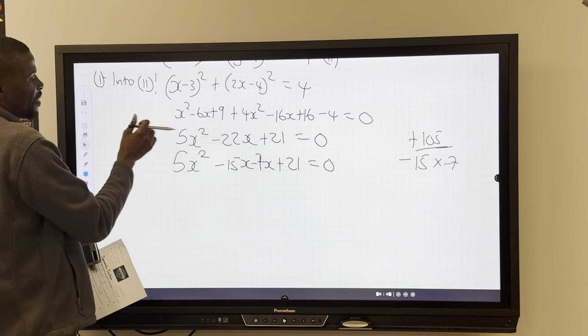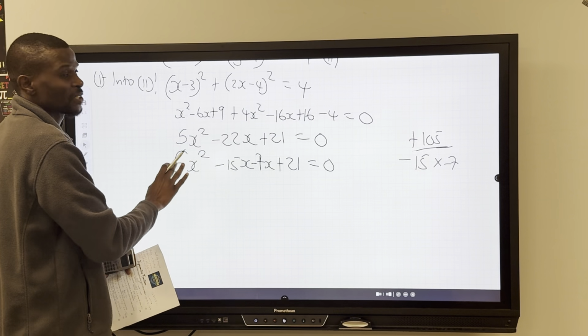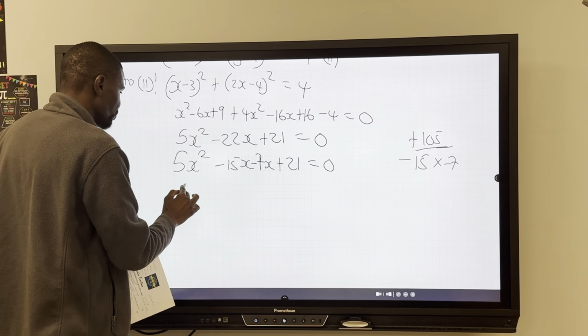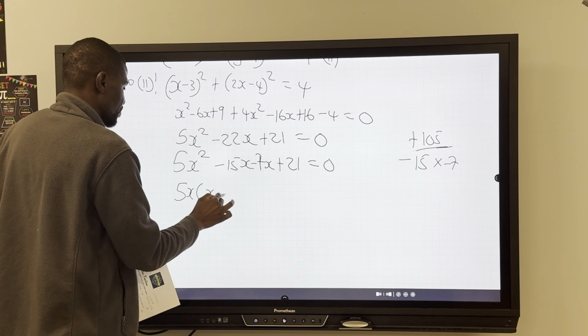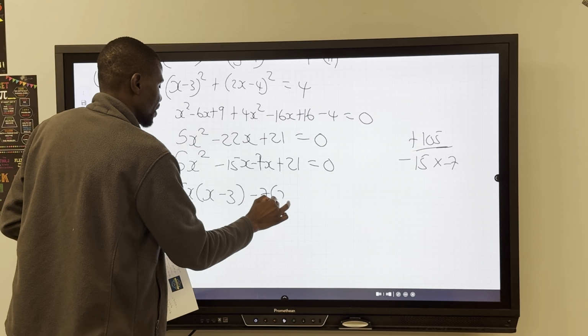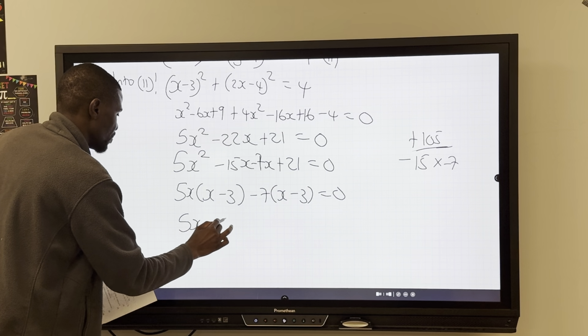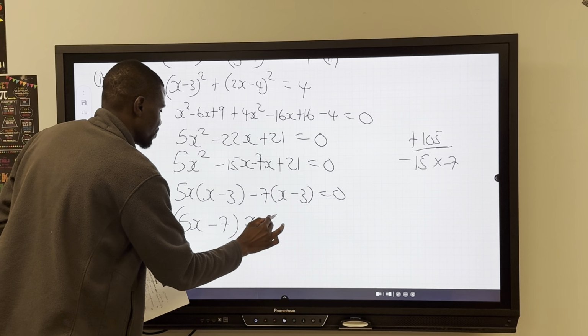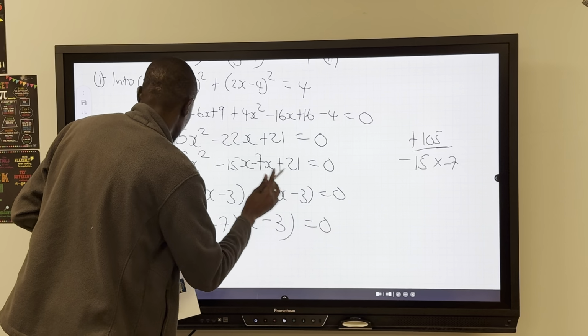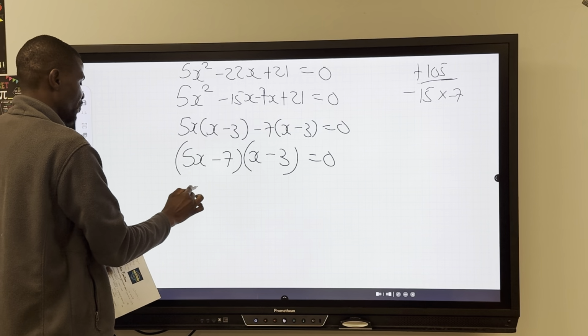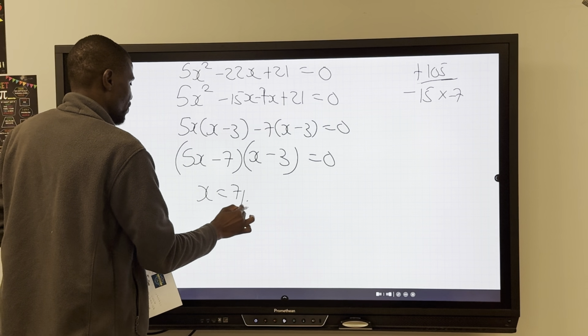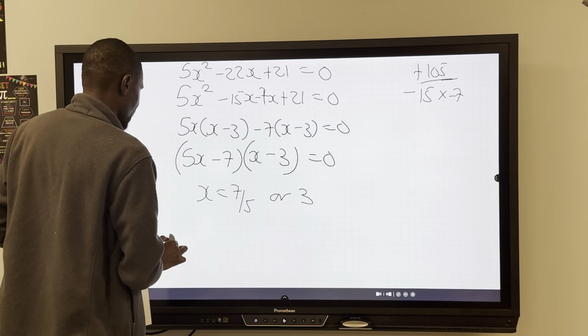For this one, if you want to be safe, just use the quadratic formula. So 5x, x minus 3, minus 7, x minus 3, right? So 5x minus 7, x minus 3 equal to 0. And when we solve, x is equal to 7 over 5 or 3, right?